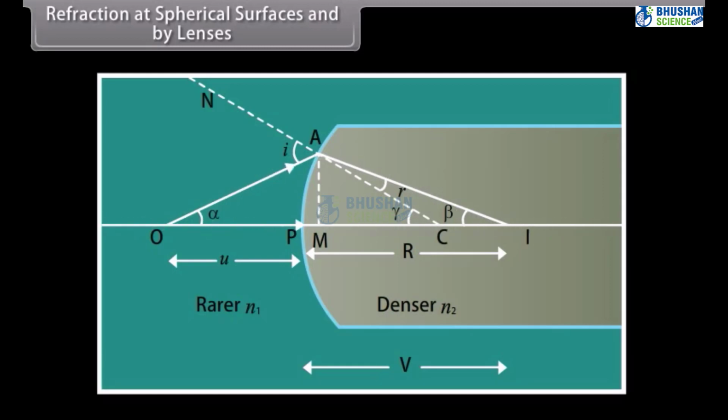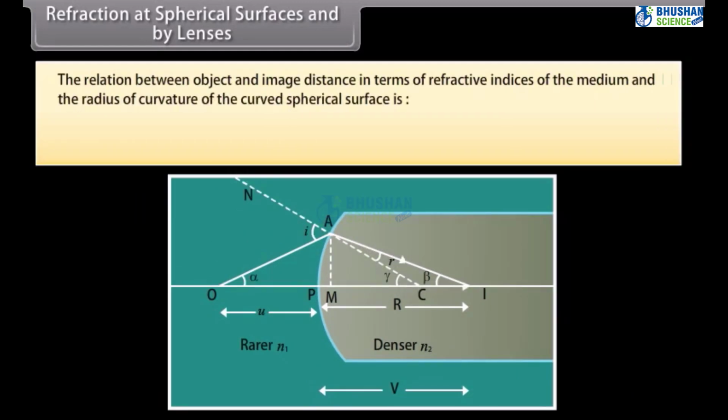The two refracted rays meet at I, which is the real image of point object O. The relation between object and image distance in terms of refractive indices of the medium and the radius of curvature of the curved spherical surface is n2/v − n1/u = (n2 − n1)/R.